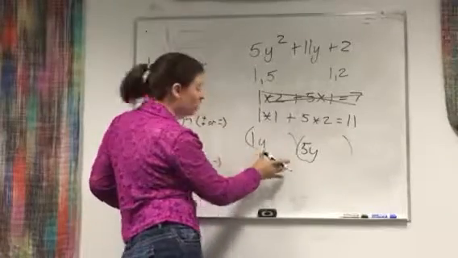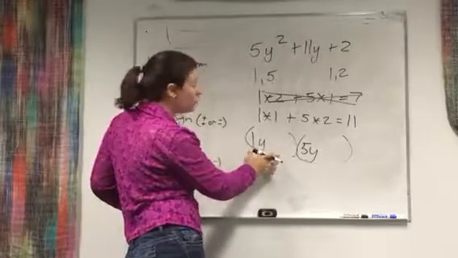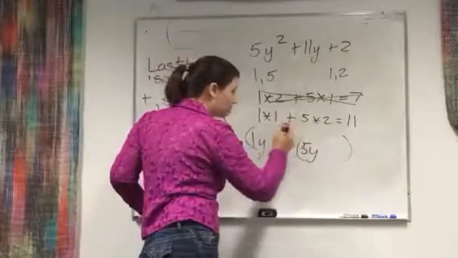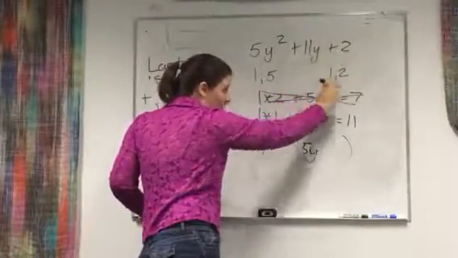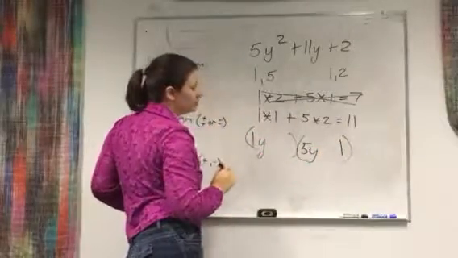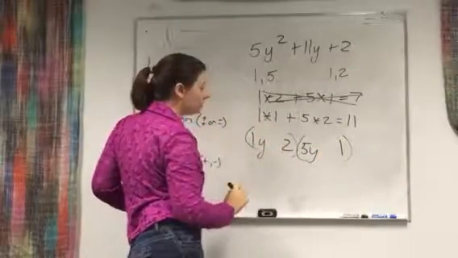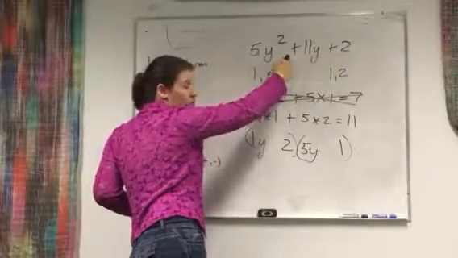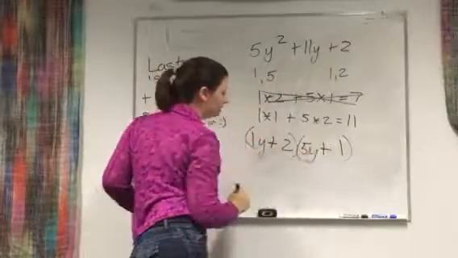When we FOIL, we don't multiply these together, right? We just multiply this with both of these. That means the 1 from the 2, basically, needs to go here. Meaning the 2 goes there. Plus means same sign. Plus means both pluses.